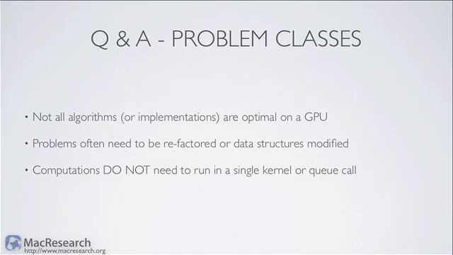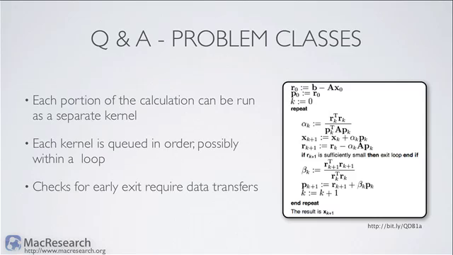And so let me give you a really quick example of a computation that you might break out into multiple kernels or queue calls. In this case, we're looking at a conjugate gradient algorithm. Anybody who's familiar with conjugate gradient or these kinds of calculations will note that there are several discrete steps that you would do.